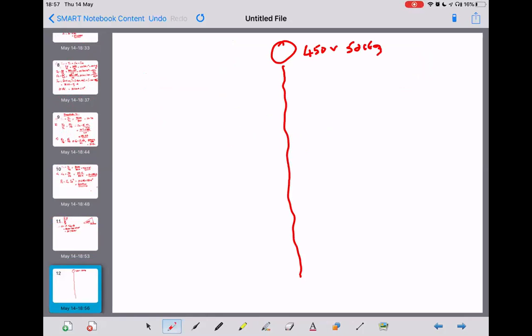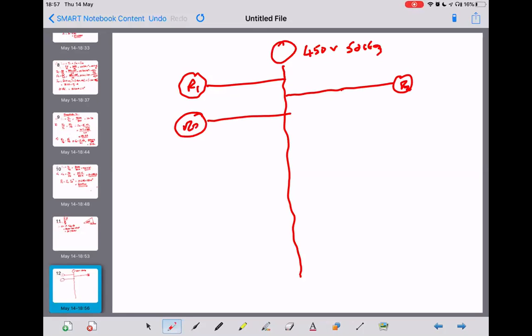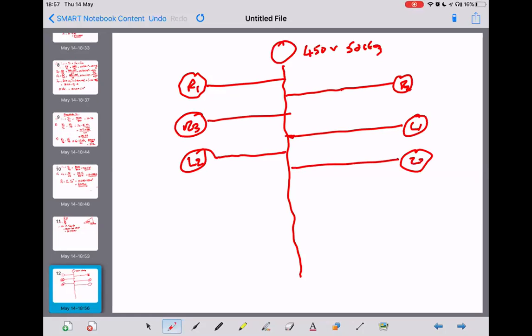Coming off that, you've got your various loads. We've got resistive loads R1, R2, R3, and then some inductive loads, L1, L2, L3.